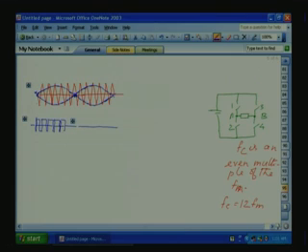So the area or the width of the pulse increases in a sinusoidal way. Here it will reverse. Whenever sine is greater than the triangle, we are turning on the top switch. When the sine is less than the triangle, we are turning on the bottom switch.